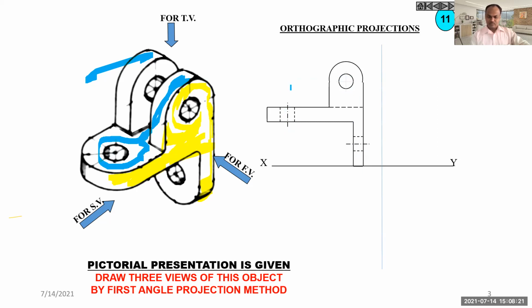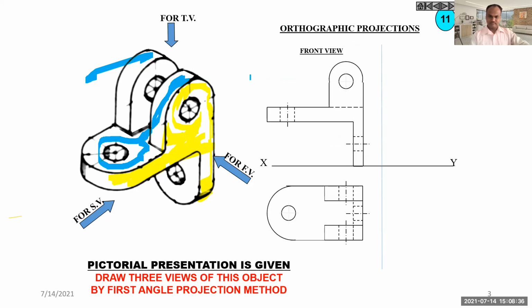Then in the next part, we'll see the top view. In case of top view, you can see this portion is there, which is visible. I have shown it here.